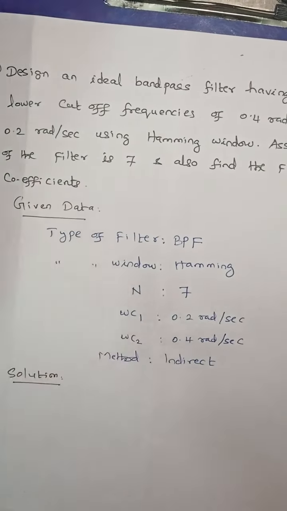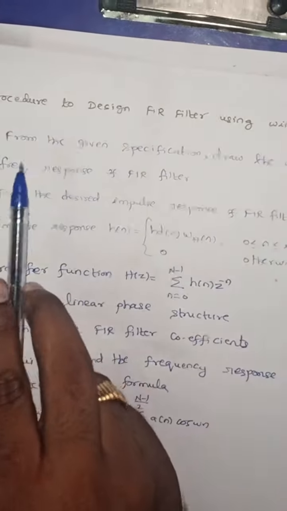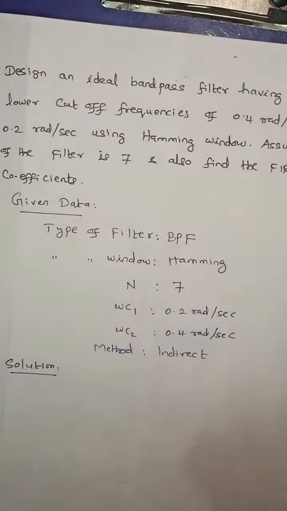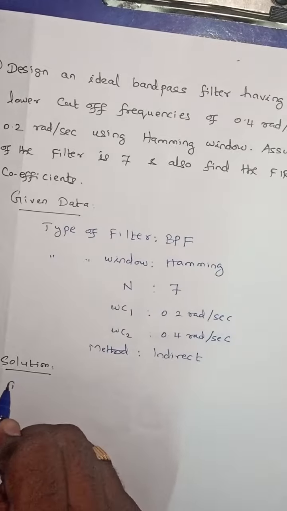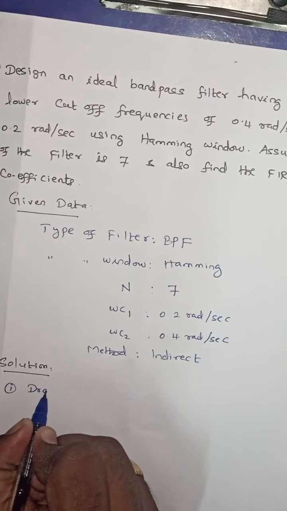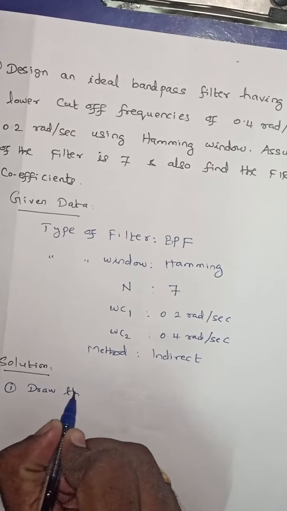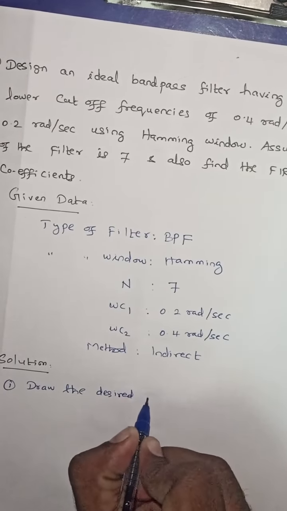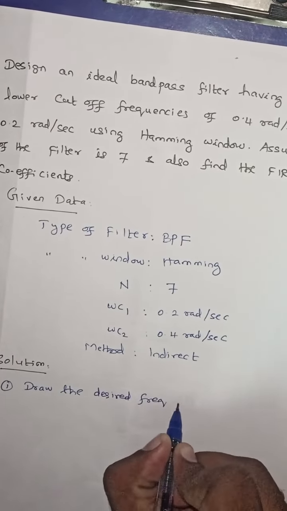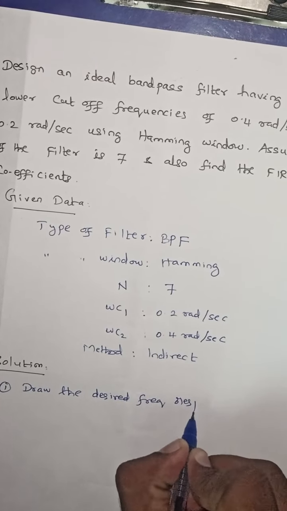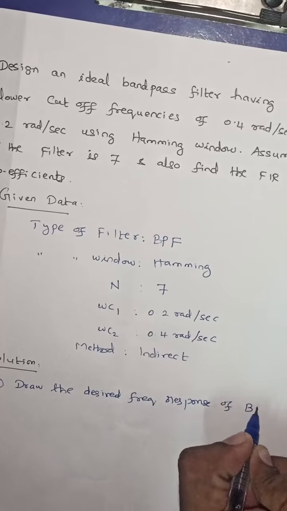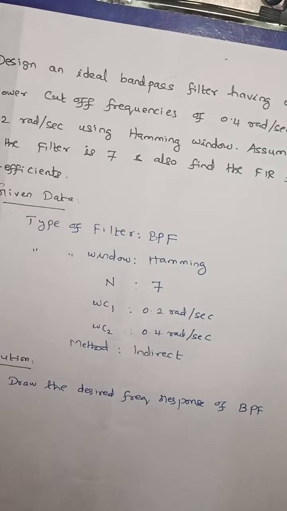What is the first step? From the given specification, draw the desired frequency response of the FIR filter. So the first step is to draw the desired frequency response of the band pass filter.